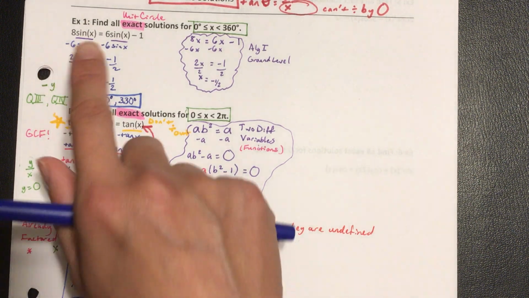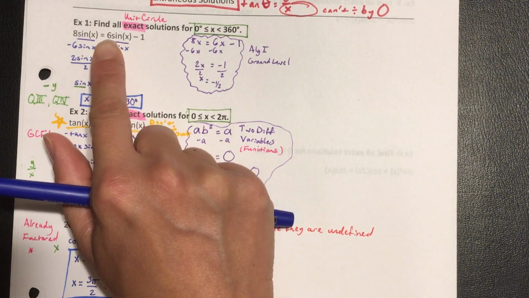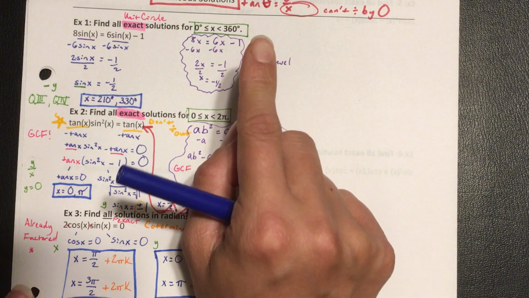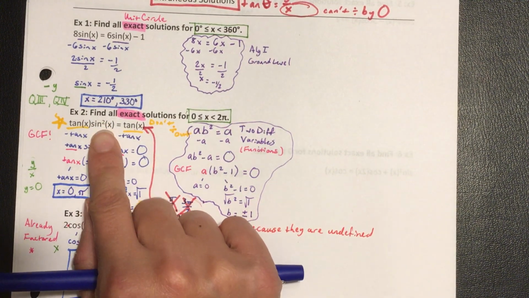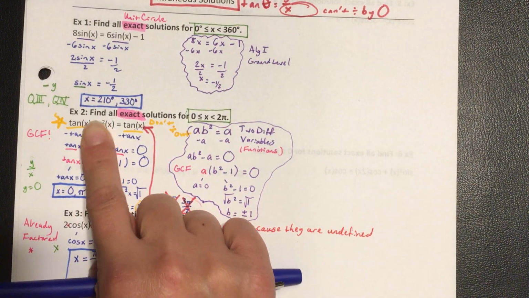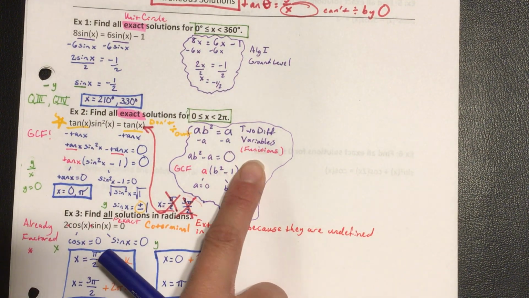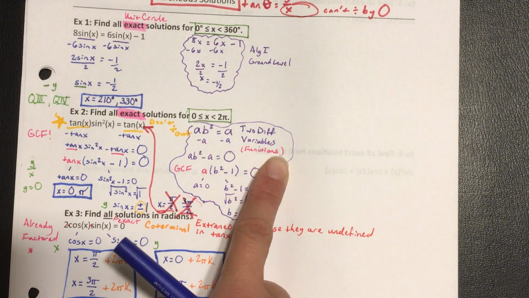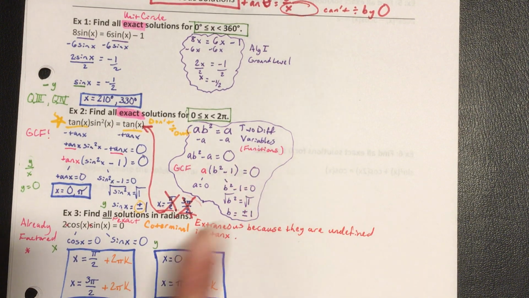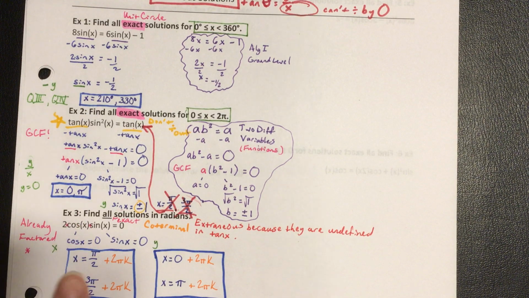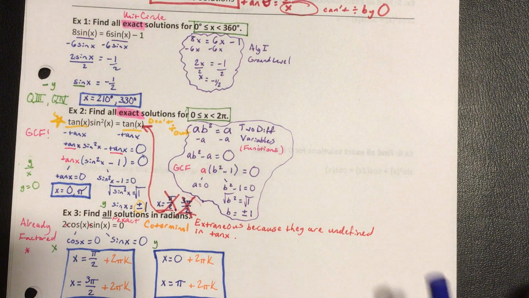So big picture idea: if there are no quadratic terms, you want to try to combine like terms, like an Algebra 1 equation. If there is a quadratic term, you are going to need to try to factor it. Also, if you have two different variables, and variables meaning trig functions here, you will need to try to factor it. If you have two different variables and it's already factored, you can go straight to using the zero product property.